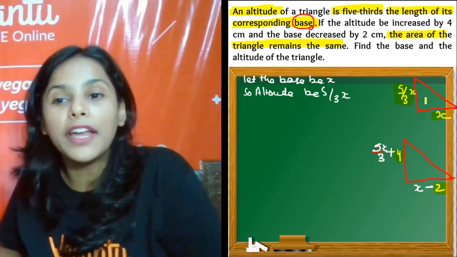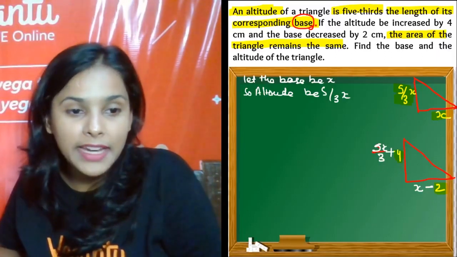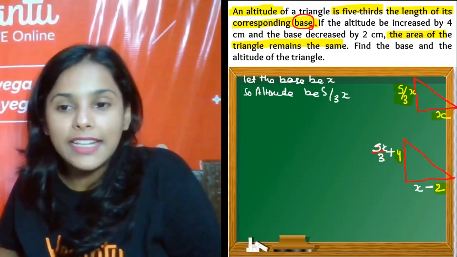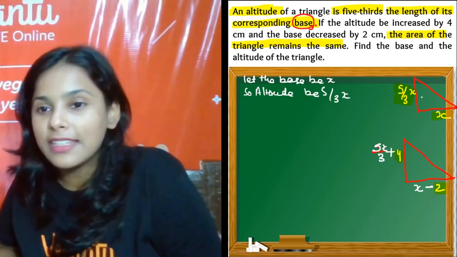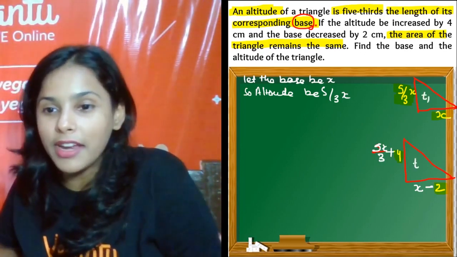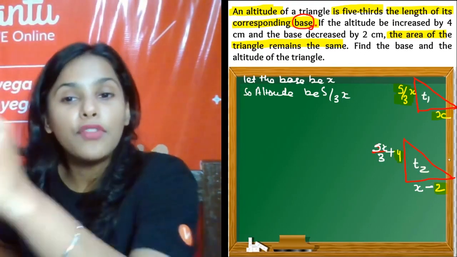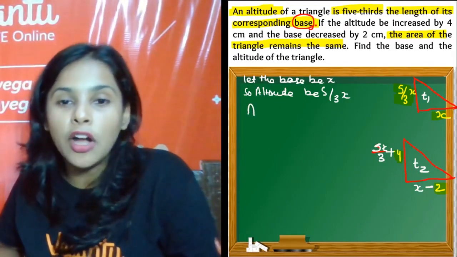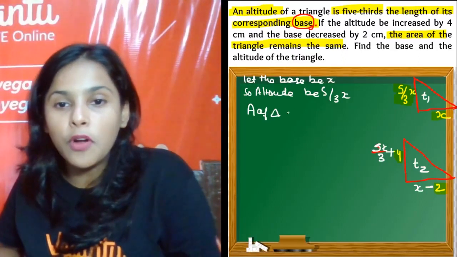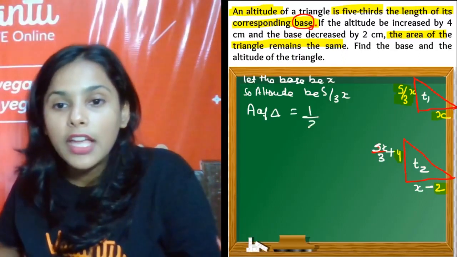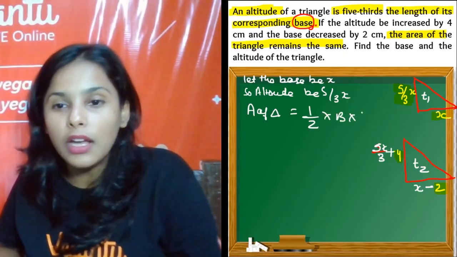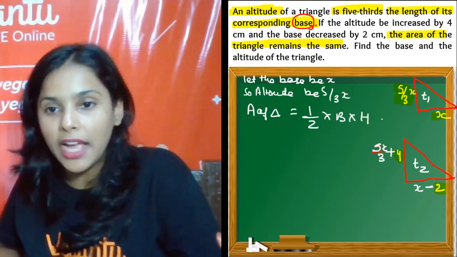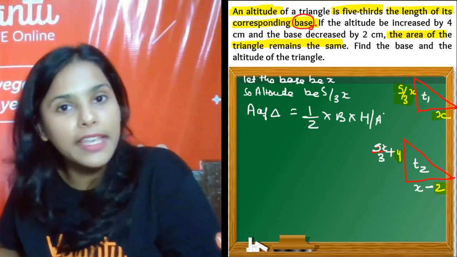So let's quickly find out the area of triangle 1. Let's say this is triangle 1 and this is triangle 2. So the area of triangle 1 would be, let's first write the area of triangle. The formula is half into base into height or altitude. Height or altitude, one and the same thing, right?